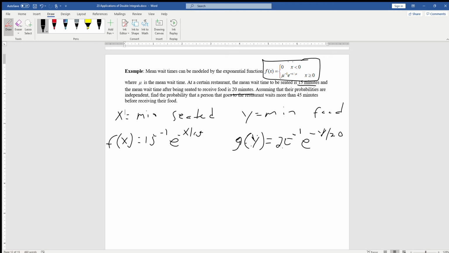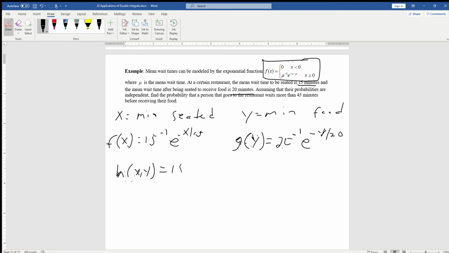And so we get a function that multiplies those together because we want the joint density of those two, a function of both the time necessary to be seated and the time necessary to receive the food. Let's call it h of x y. That's going to be our density function essentially.